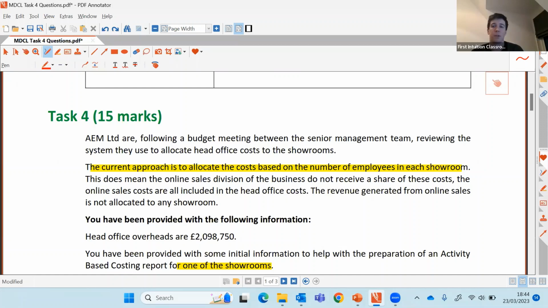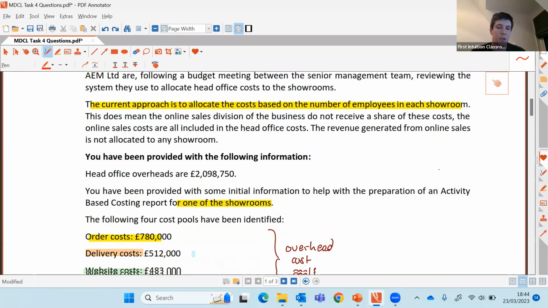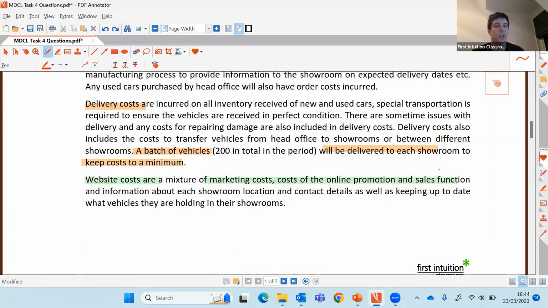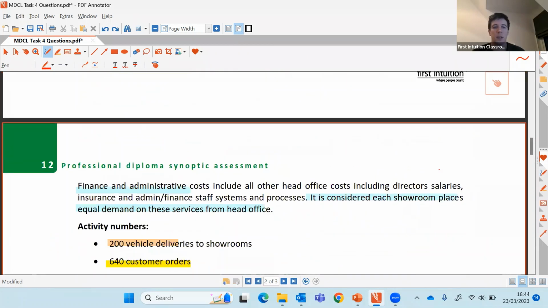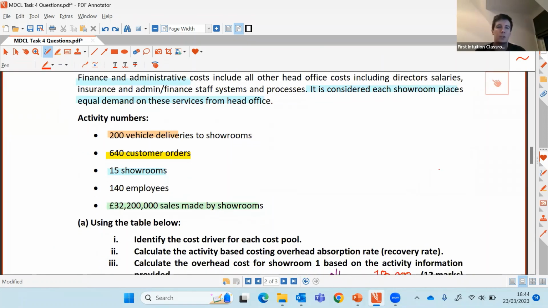And that's problematic for a number of reasons, really. You can point really to any of this information here as to why it's an issue. For example, the number of people that work in a showroom does not have any correlation with the amount of deliveries, and so it's a poor cost driver.